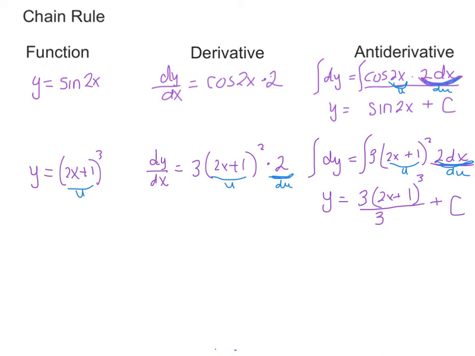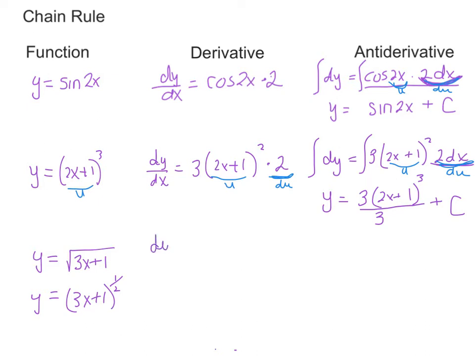Okay, last example, y equals the square root of 3x plus 1, which, as we know, is really 3x plus 1 to the 1/2 power. Once again, chain rule.